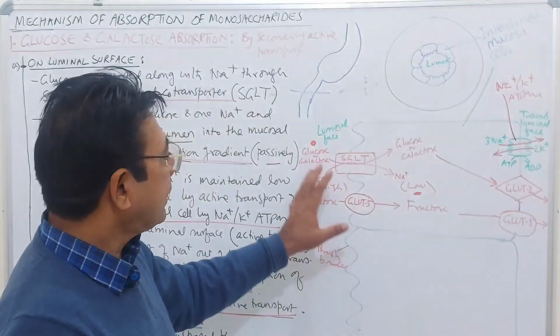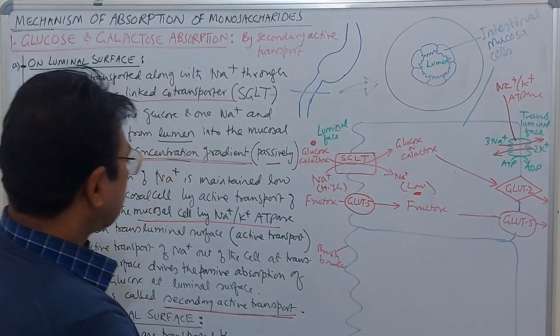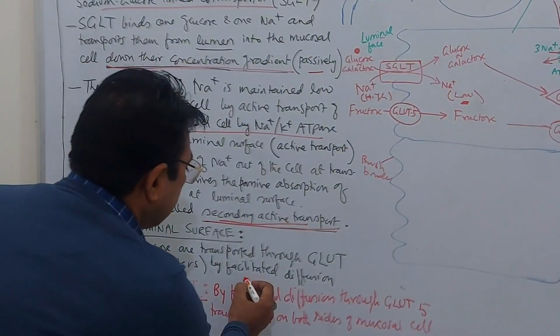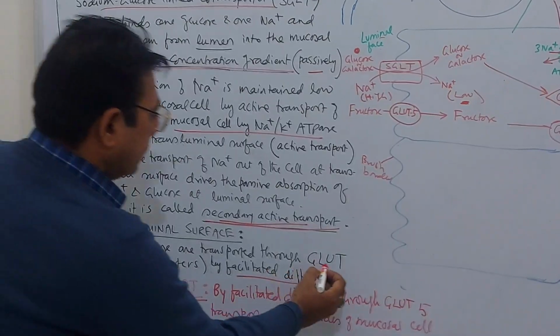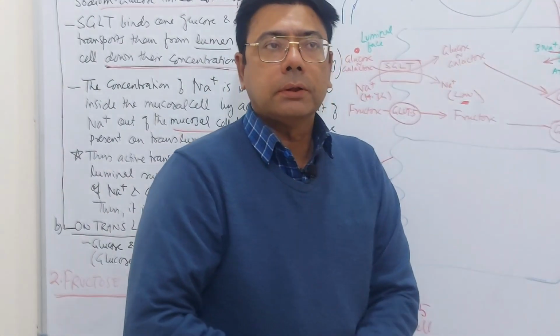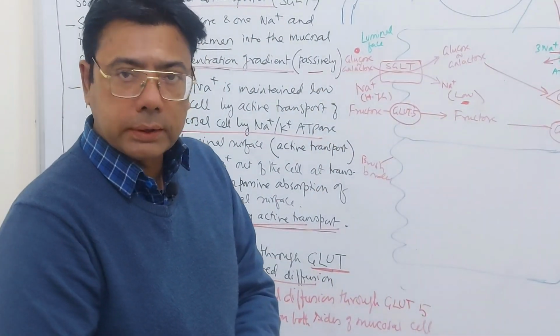So while the absorption of glucose on the luminal surface is secondary active transport, on the transluminal surface it is simply facilitated diffusion through GLUT molecules. So this is all about the absorption of glucose and galactose.